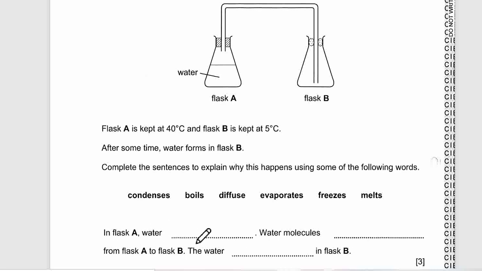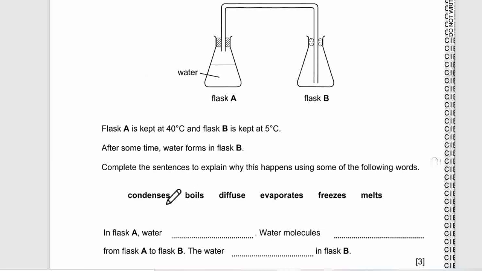So in flask A, the correct one will be evaporates. Water turns from liquid into water vapor. Then the water vapor goes through this pipe and reaches flask B. So water molecules diffuse through this pipe, and after that, how does it form liquid?